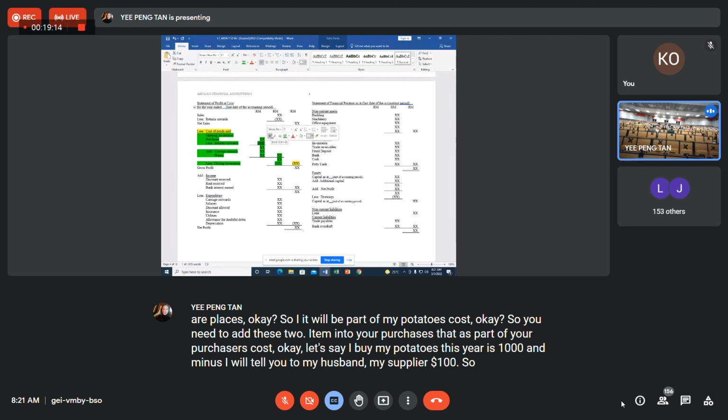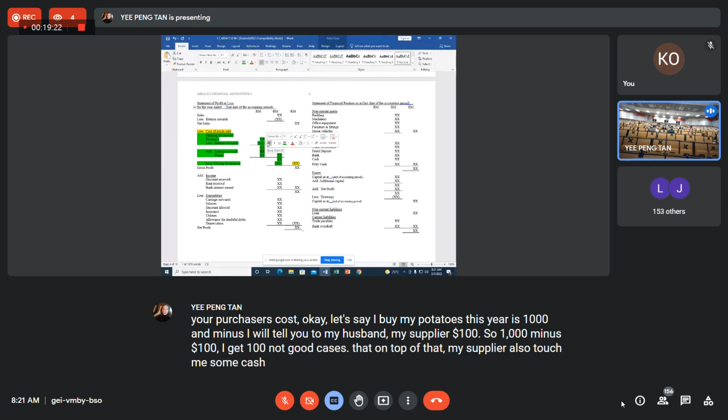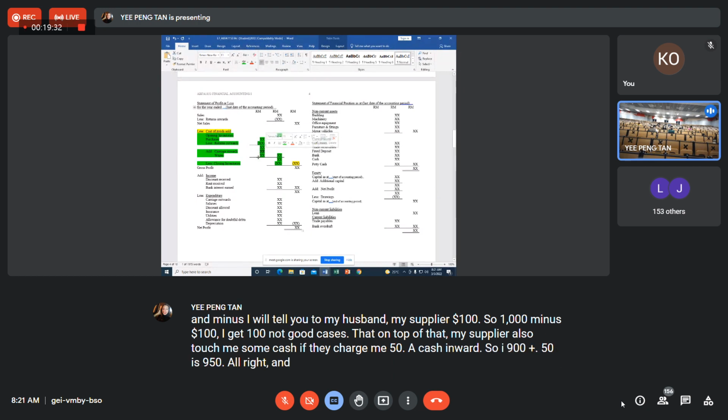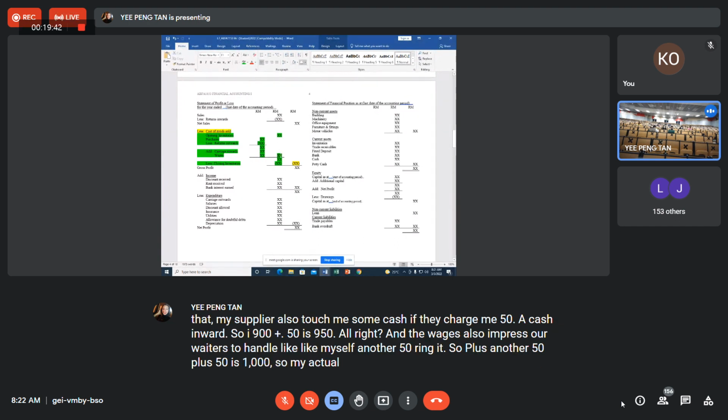So 1,000 minus 100, I get 900 net purchases. Then on top of that, my supplier also charges me 50 ringgit carriage inwards. So 900 plus 50 is 950. And I also employ some wages to handle my stock, another 50 ringgit. So 950 plus 50 is 1,000. So my actual purchases cost is 1,000.